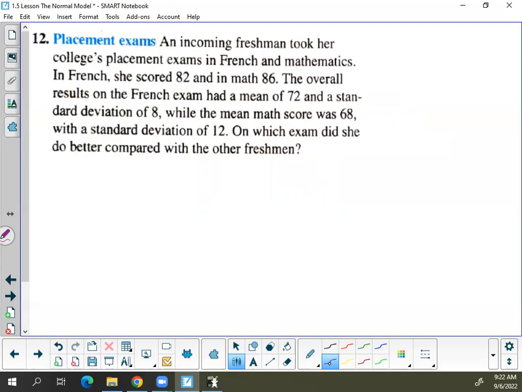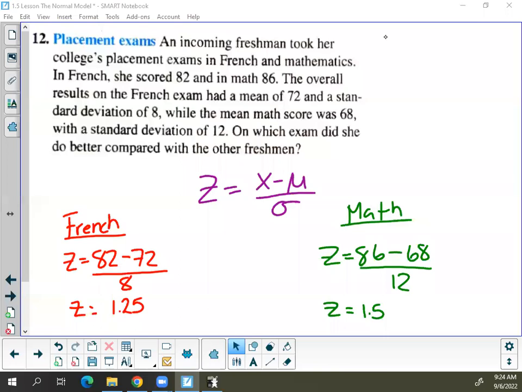French and math are not directly comparable classes, so we can standardize these scores using our z-score formula. Let me set that up. Here I've calculated the z-scores for both classes.